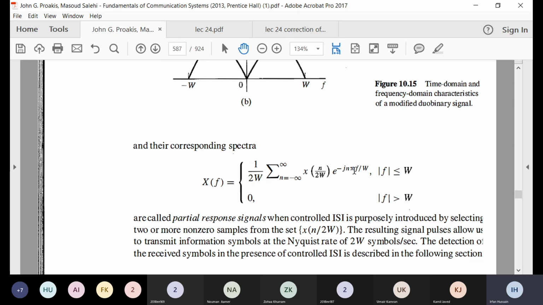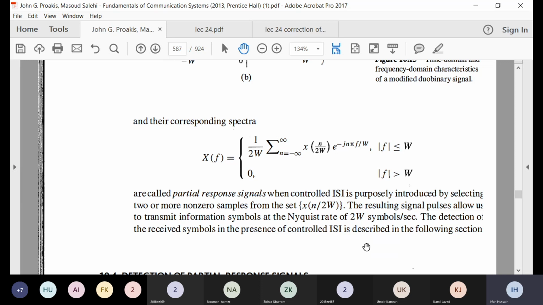In time they are shifted by some values, and in frequency they are multiplied by a phasor term. This is partial ISI. The advantage is that you can send the symbols at 2W, but you will have ISI, and then you have the techniques to get rid of this controlled ISI.